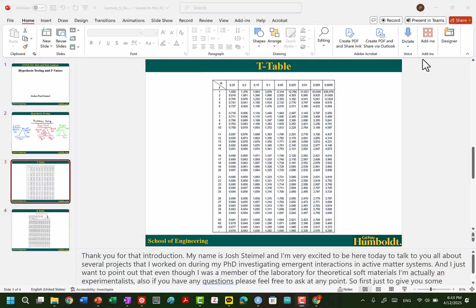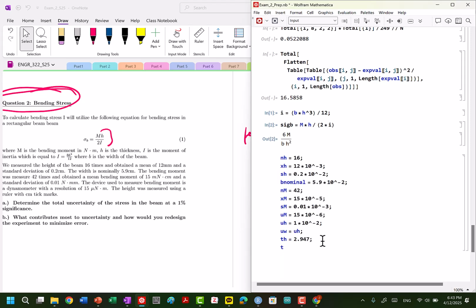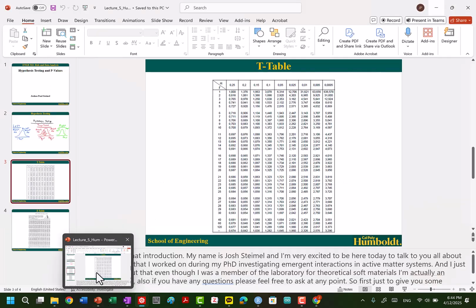That's going to be 2.947, so t height equals 2.947. And then the t value for M, I think it's for infinity, is 2.576.